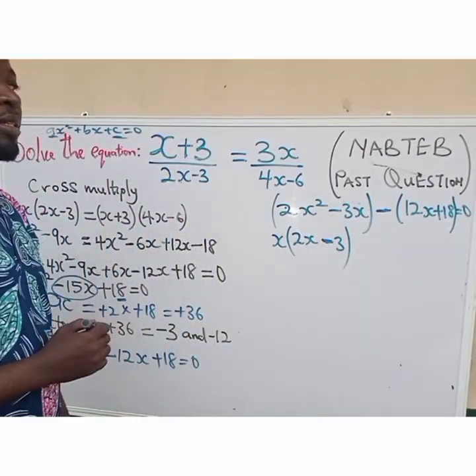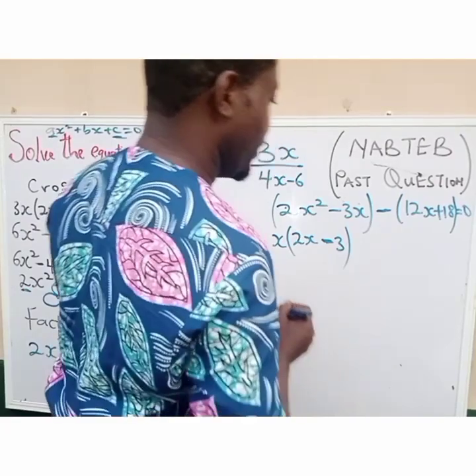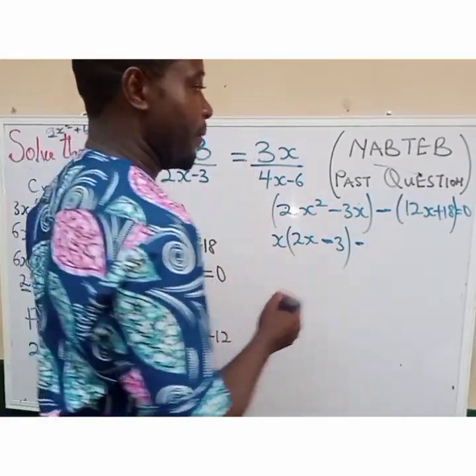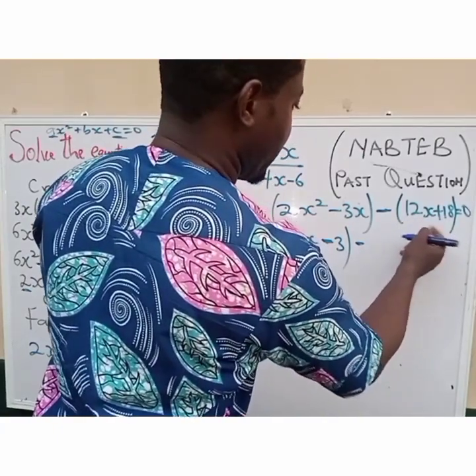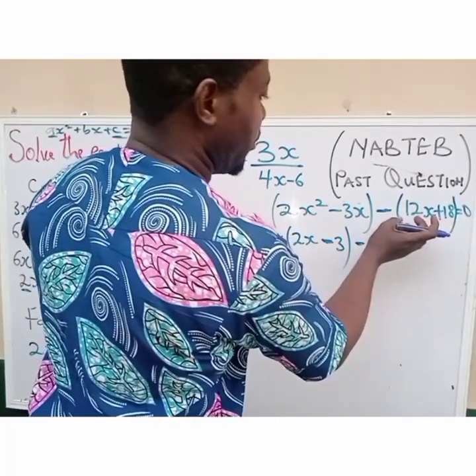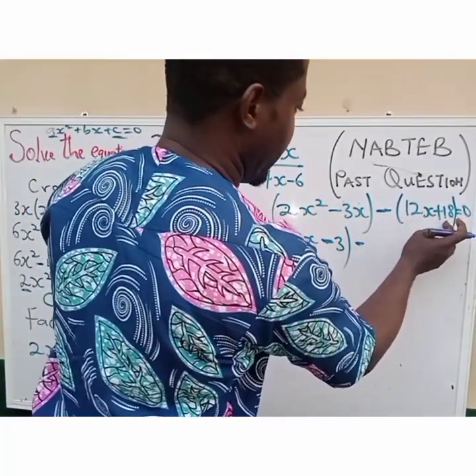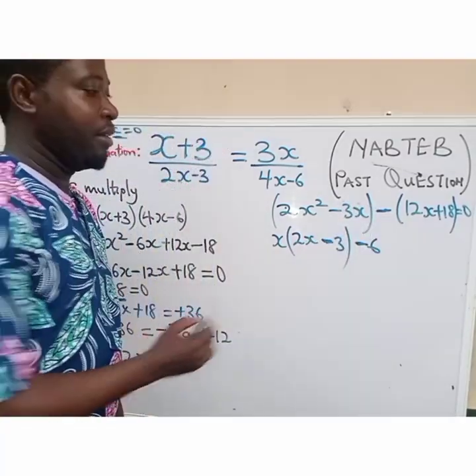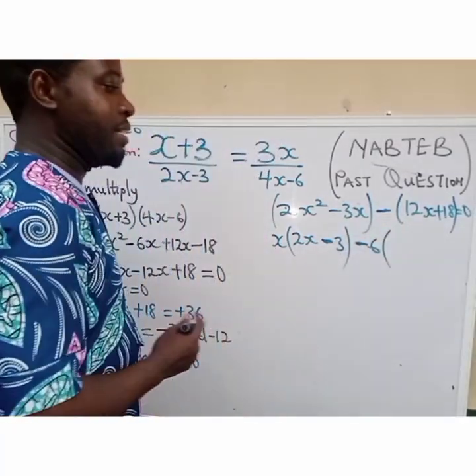We're done with that. Now, in order to deal with this, I'm going to have a minus sign. Now what is common here? 6 is common. 6 can go in 12, and it can also go in 18. So in that case, let me bring my 6 out. Open brackets.